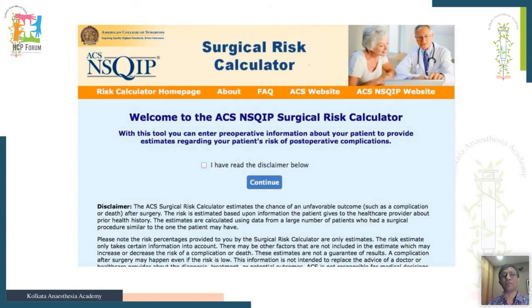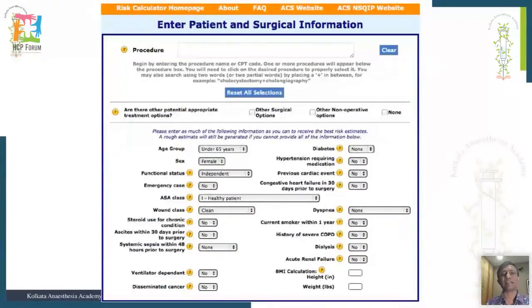Just visit the American College of Surgeons' NSQIP website, and then you will get to a page like this where you choose what procedure the person is undergoing. Then the patient characteristics like age, functional status, whether it is an emergency, what is the ASA physical status, is it a clean wound or a dirty wound? Has the person been on medications like steroids? Does the patient have sepsis? Is the patient coming with a ventilator on? What is the BMI?